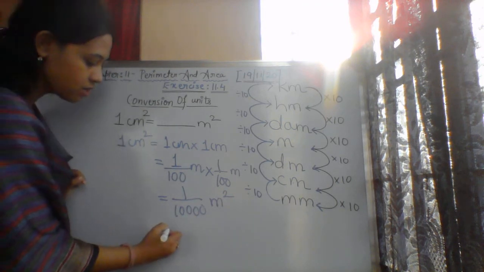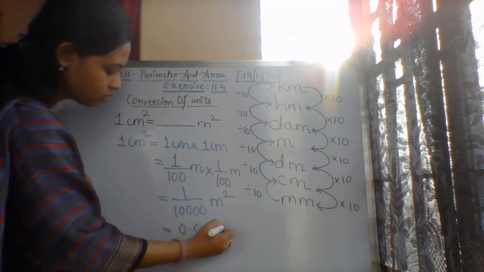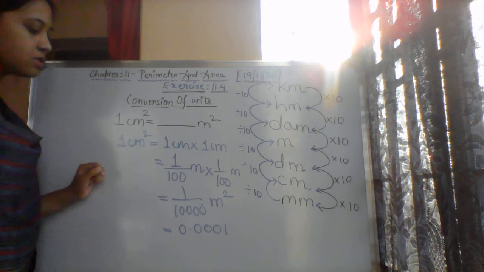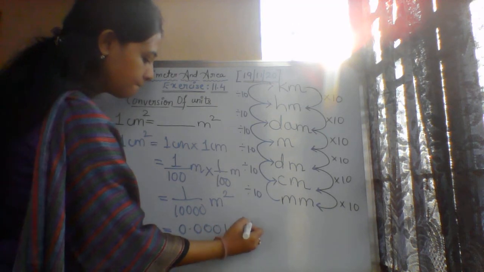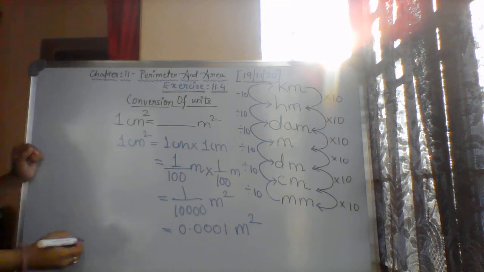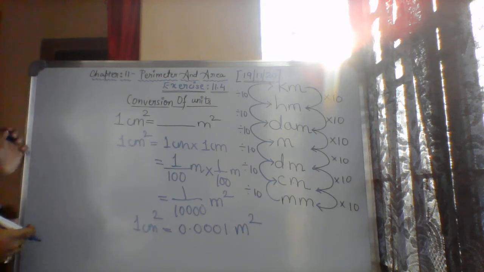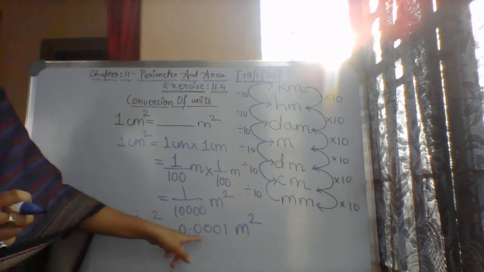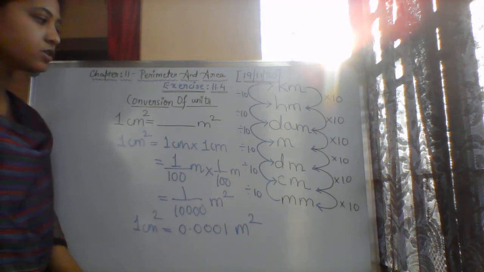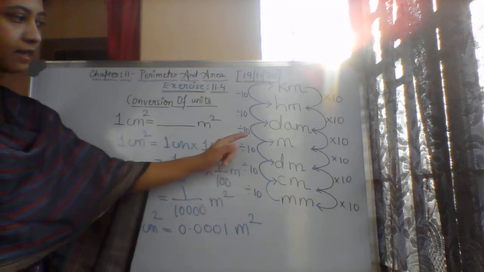You can convert this into decimal also: 0.0001 meter square. So 1 centimeter square we got 0.0001 meter square.